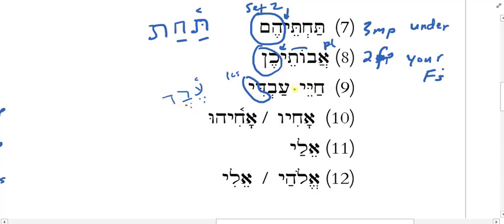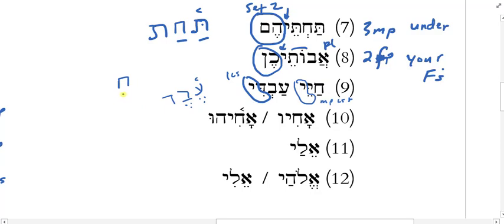Now, here I have Chaye in front of Avdi. Do you see this tsere yod? Does that look construct to you? Yes. It does, right? So this is a masculine plural construct form, and I have to read these two together as a construct chain. It's the something of my servant. Okay? Now, what do you think the absolute masculine plural form of this word is, if the construct is Chaye?